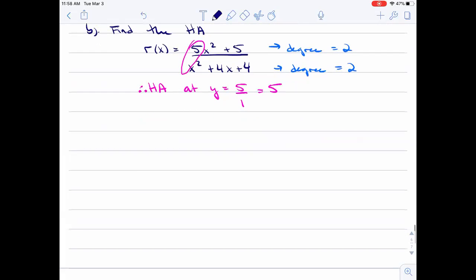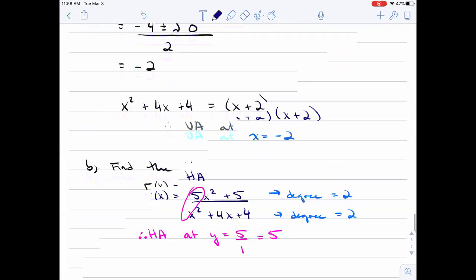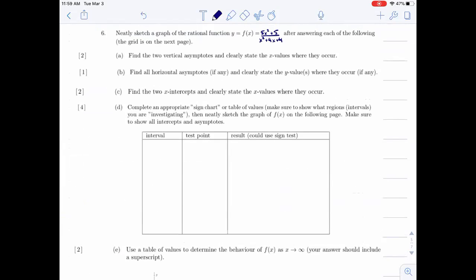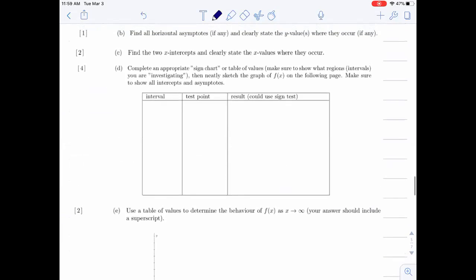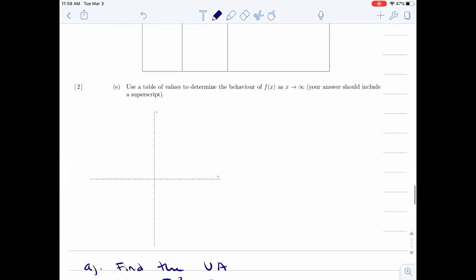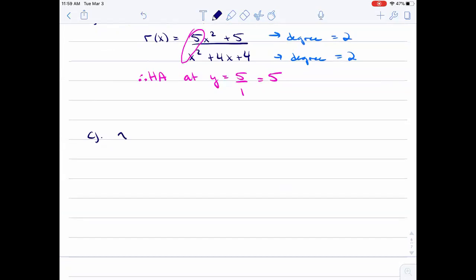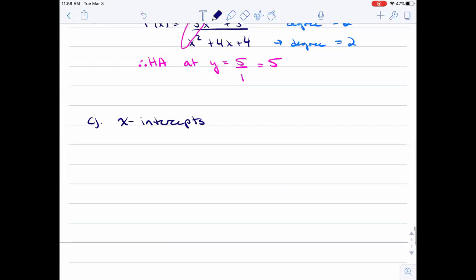So then part C says, find the two x intercepts and clearly state the x values where they occur. In this case, we've got two x intercepts. That's not necessarily the case for us, but on the final we'll have two. So we need to find the x intercepts, and that's where r of x equals 0.